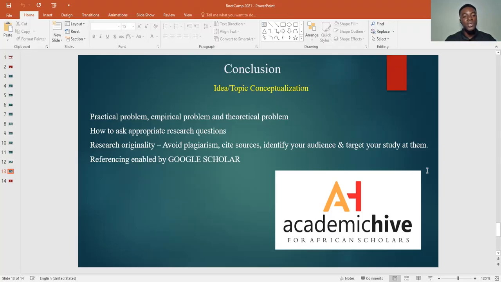Also, we talked about research originality, where we charged you with avoiding plagiarism in all of its forms by citing sources in text and at the end of your work. Also, identifying your audience and targeting your research, your analogy, your writing totally at them. Finally, we talked about referencing enabled by Google Scholar.